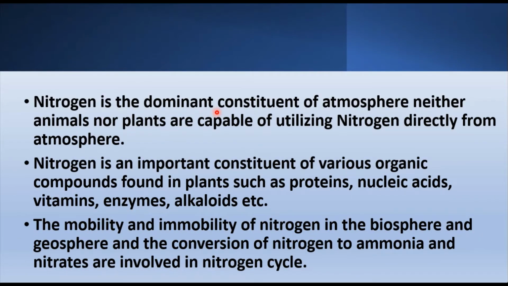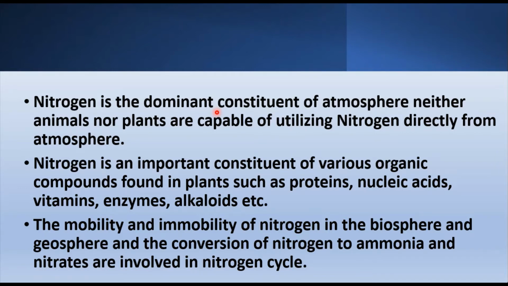Nitrogen is considered the dominant constituent of the atmosphere. I told you that it is about 78.09% of the total atmospheric gases. So obviously it is present in a dominant amount, but still it is not available to plants and animals directly from the atmosphere.